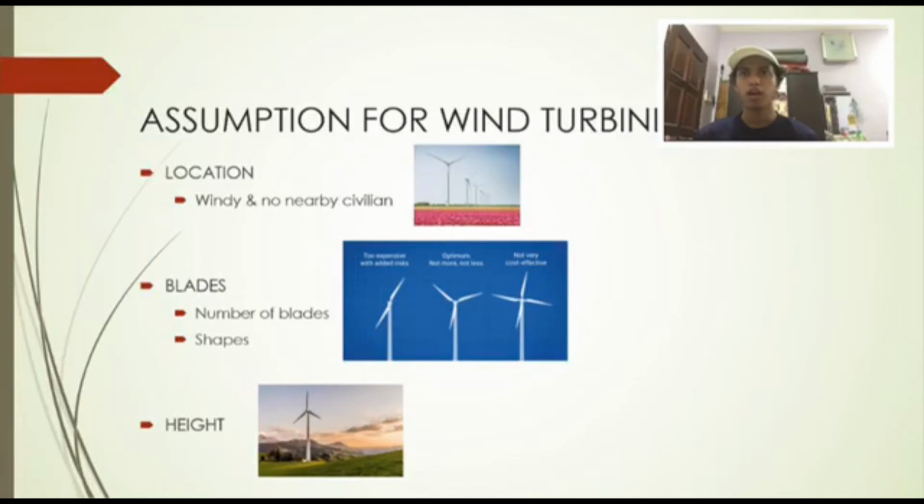For the blades, we have to look at the number of the blades and the shape, because for the number of blades, we have to look at the cost to make each blade and how efficient the number of blades can be. And last but not least, the height. The height is because we want to have the air velocity at the highest velocity.